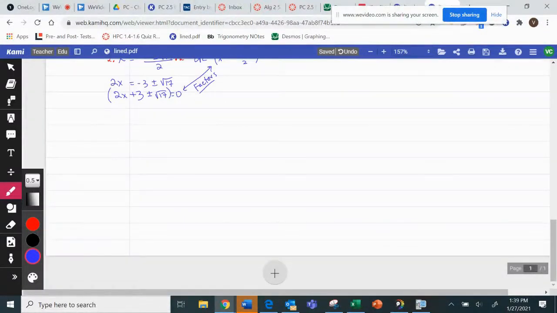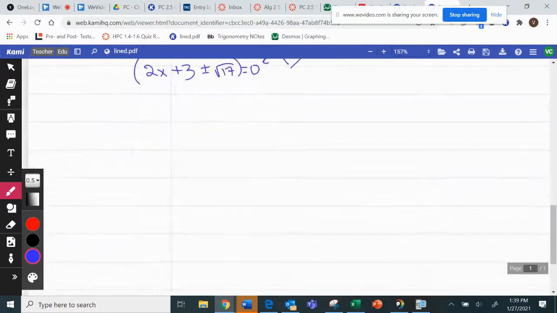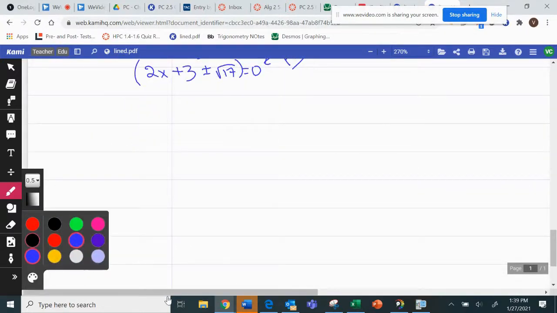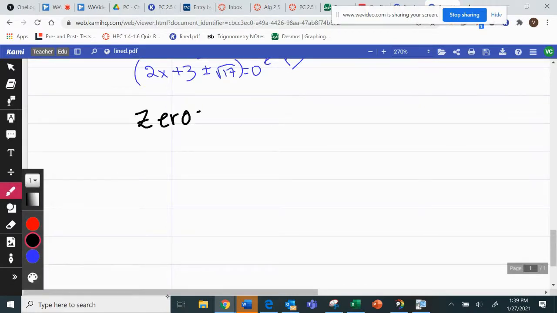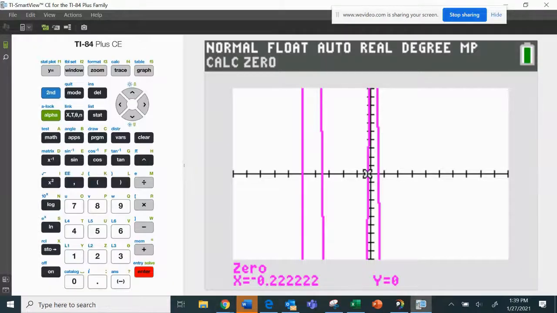So, okay, we need to write our zeros. And remember, I want you to write the zeros from left to right, or from least to greatest. I say left to right because they are the x-intercepts that I'm looking at on the graph.